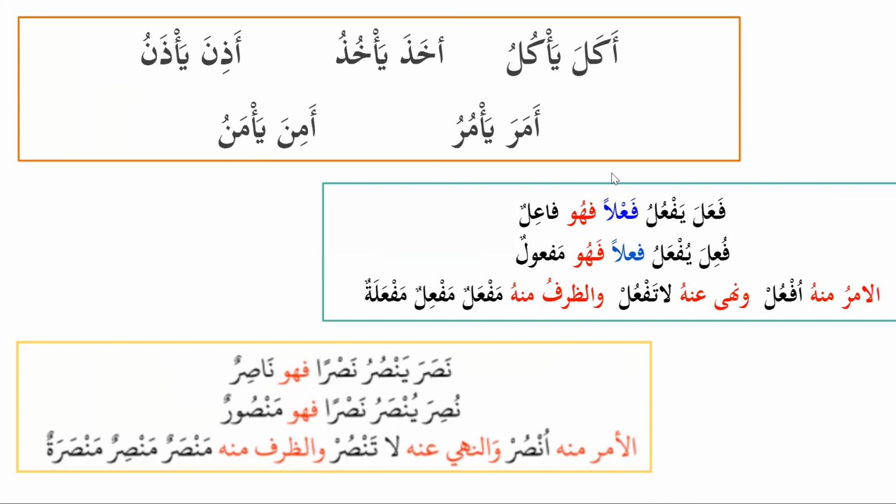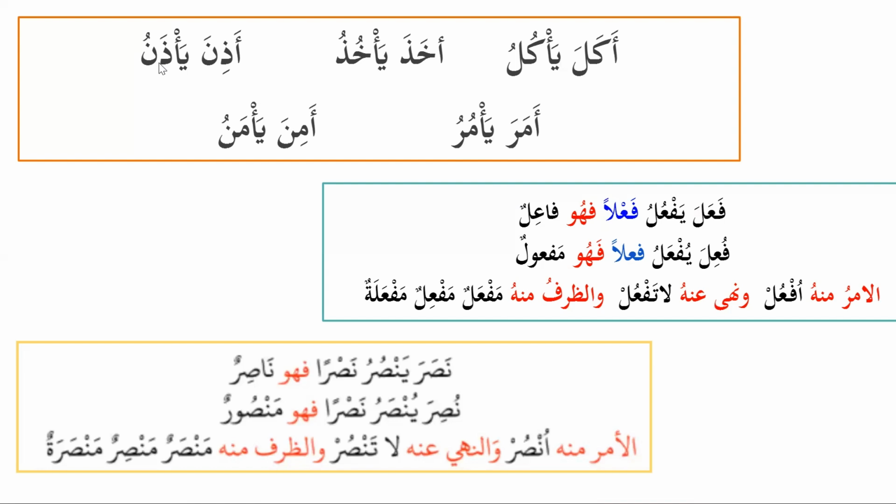Akala yakulu. Which type of family is this? Nasara, daraba, samia. Which? You can write your answer. Akala yakulu. Yes, because this is nasara. And then akhaza yakhuzu, same, nasara. Yes, you are right, nasara. And then azina ya'zanu.